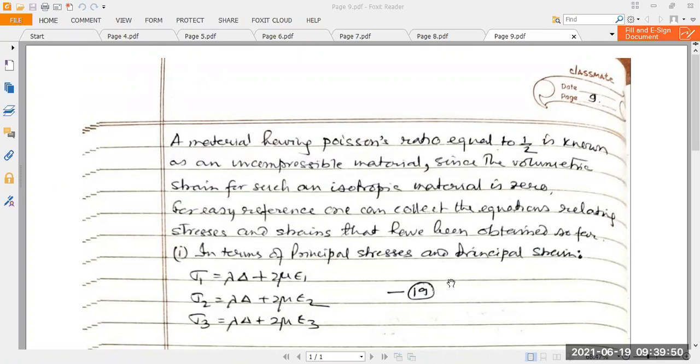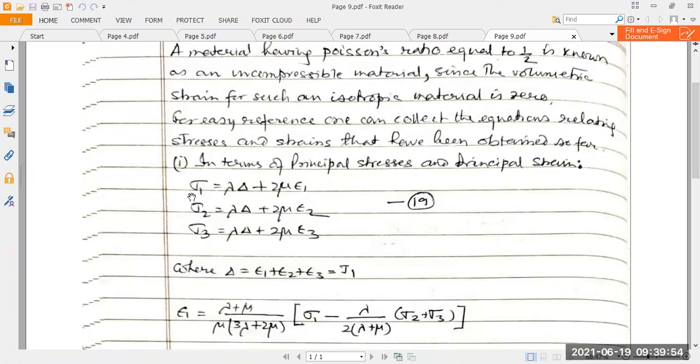In terms of principal stress and principal strain, we have sigma 1 equal to lambda delta plus 2 mu epsilon 1, sigma 2 equal to lambda delta plus 2 mu epsilon 2, and sigma 3 equal to lambda delta plus 2 mu epsilon 3, where delta is equal to epsilon 1 plus epsilon 2 plus epsilon 3, which is J1.